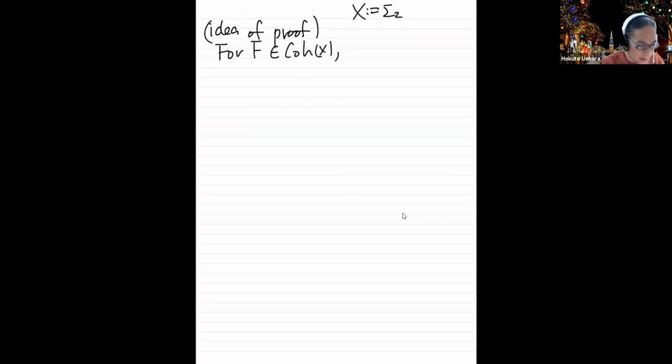For F a coherent sheaf on X, I define l(F) to be the rank of the torsion part of F on C, where C is a -2 curve.